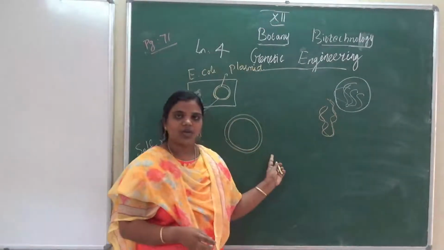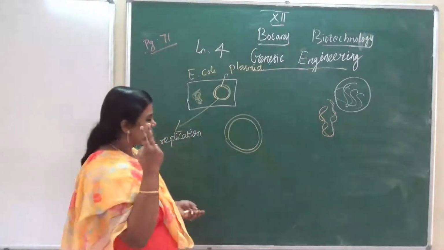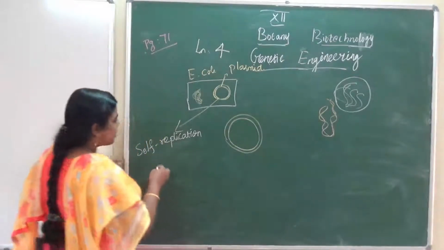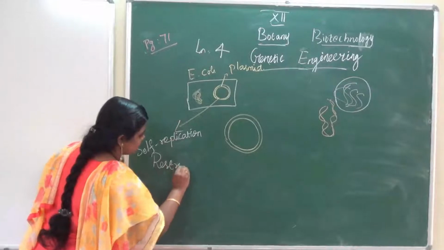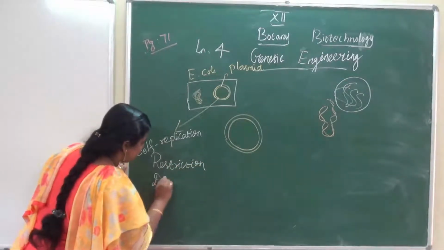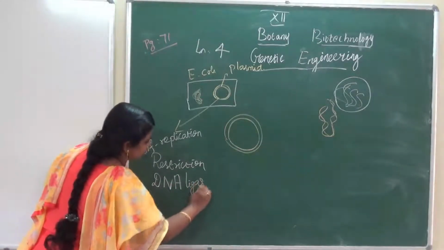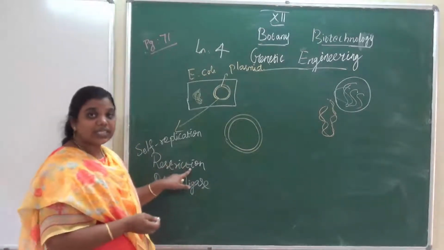In recombinant DNA technology, two enzymes help: restriction enzyme and DNA ligase. Restriction enzymes cut the DNA.